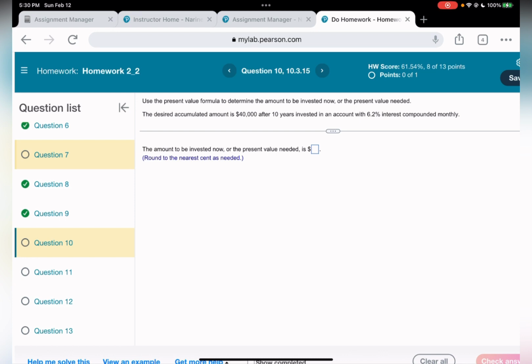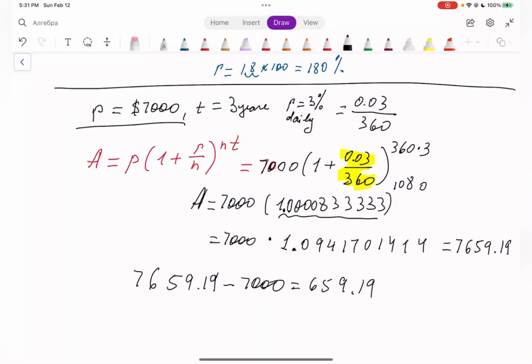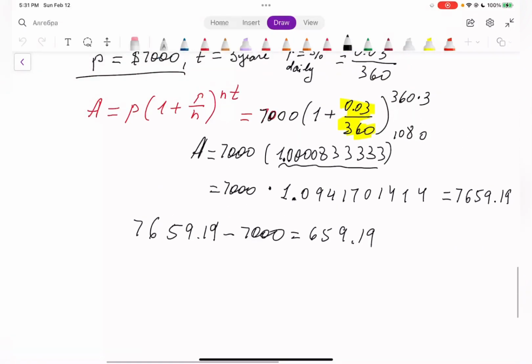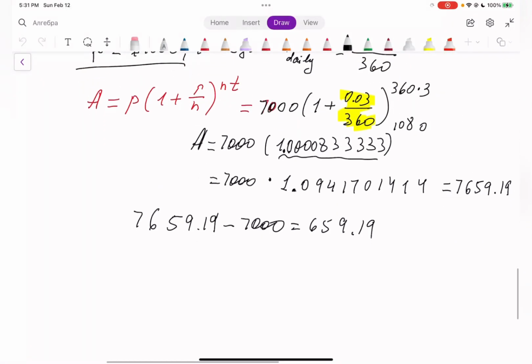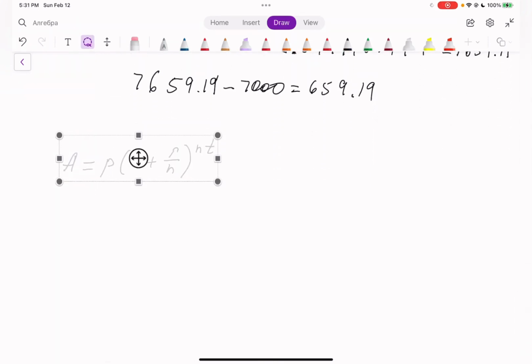So let me write down the data. Amount is 40,000, time is 10 years, and rate is 6.2% compounded monthly. This formula is for compounded interest; PRT we use for simple fixed interest.